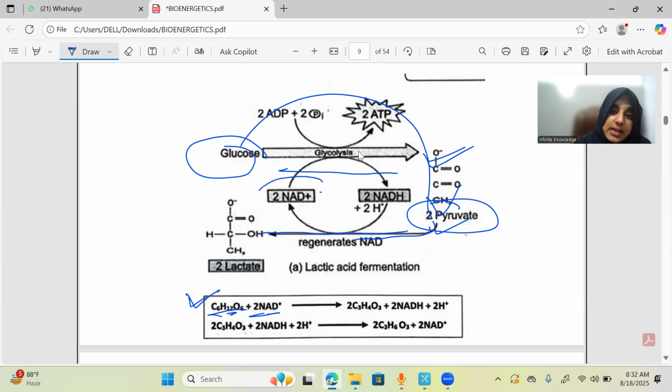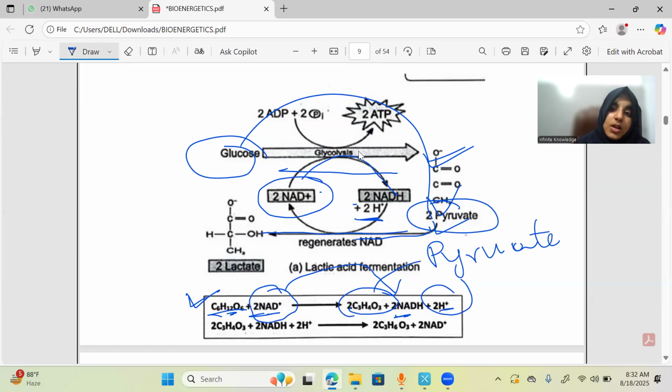See, this NAD will be converted into NADH and 2 H positive. So the reactant is NAD, and it is converted into NADH plus 2H positive. And this is the pyruvate. This was the first phase of the reaction.